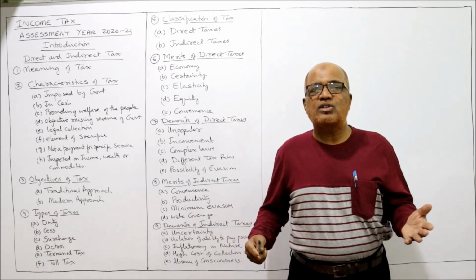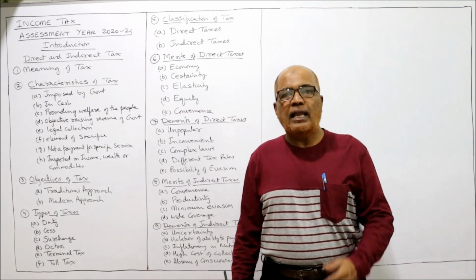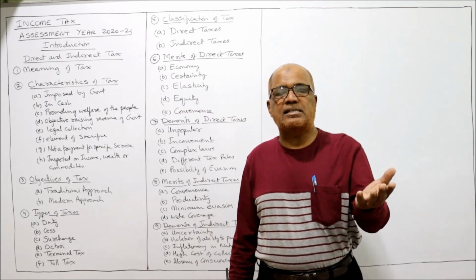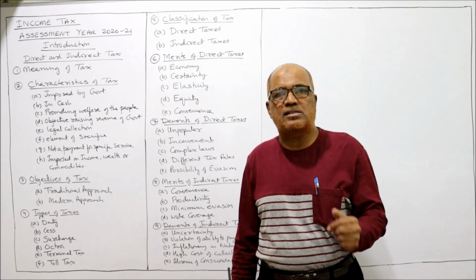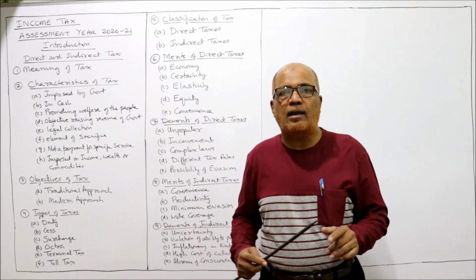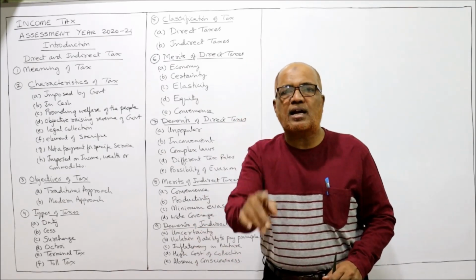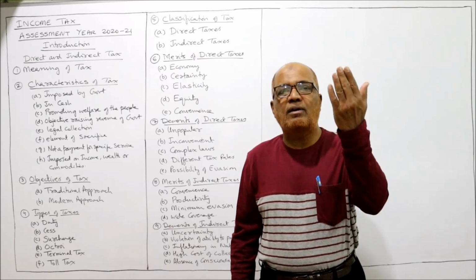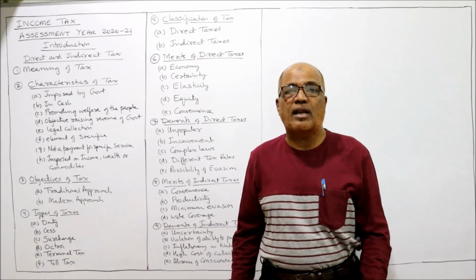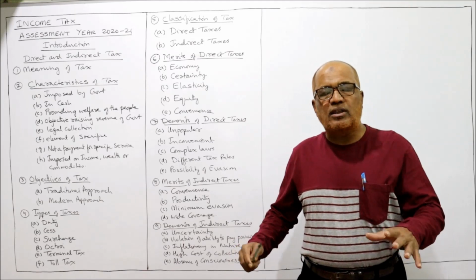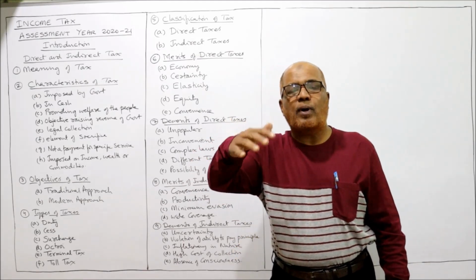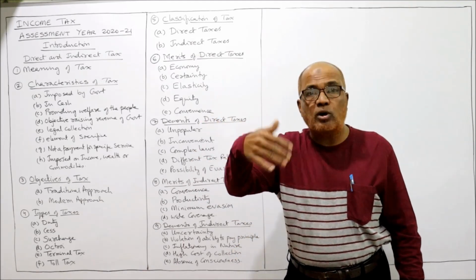Similarly, for discouraging the consumption of dangerous goods. There are some goods which are harmful to human beings, like liquor, like cigarettes or tobacco. These are injurious to health. The government wants to discourage the consumption, so the government will impose heavy taxes on these items. In this way, the government also wants to promote the exports.